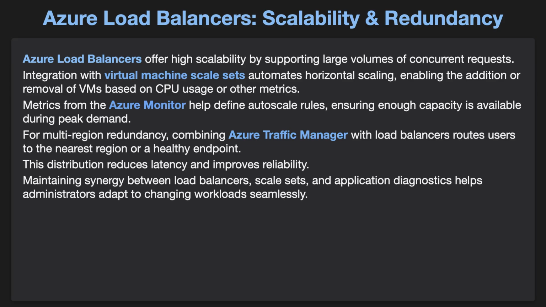Number 4, multi-region redundancy. Combining Azure Traffic Manager with load balancers routes users to the nearest region or a healthy endpoint. This distribution reduces latency and improves reliability. Maintaining synergy between load balancers, scale sets, and application diagnostics helps administrators adapt to changing workloads seamlessly.